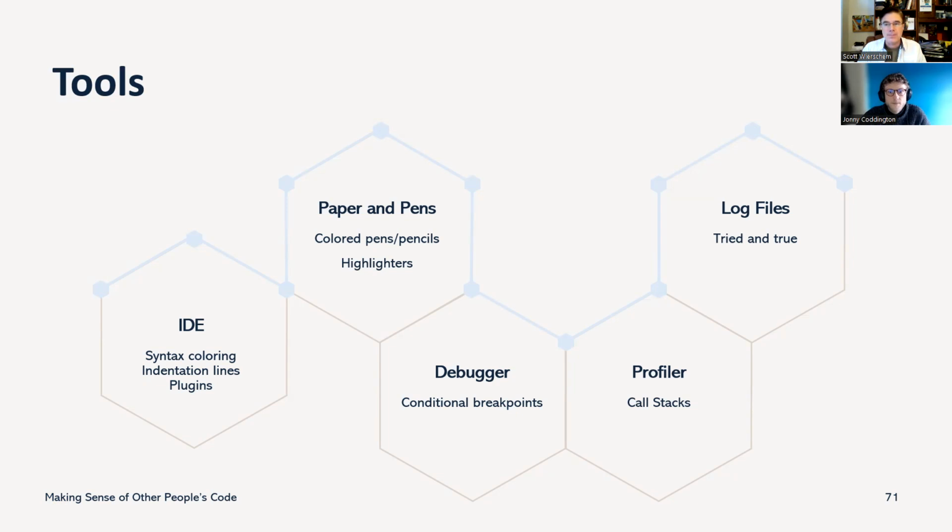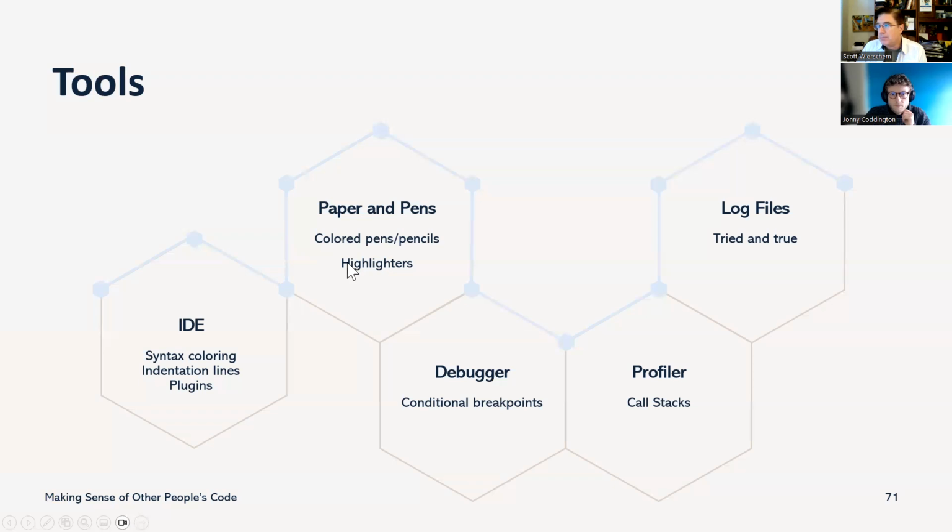You can quickly see the structure of the code using the plugin that comes up at the side. You can use the IDE to quickly jump to the definition of a function or where a variable is declared, or quickly find all the uses of a variable in the code. So it's important to know your IDE.